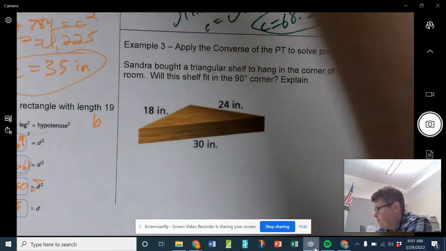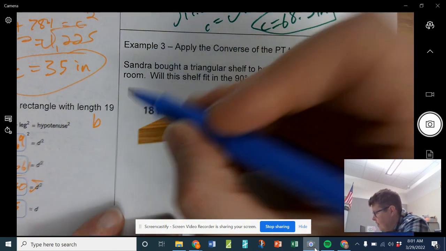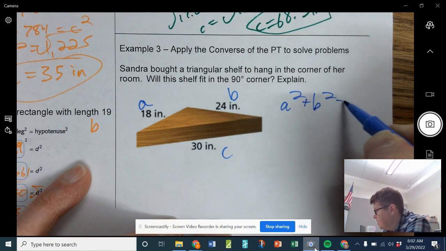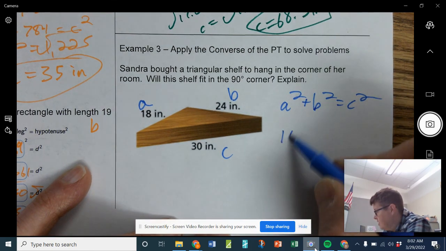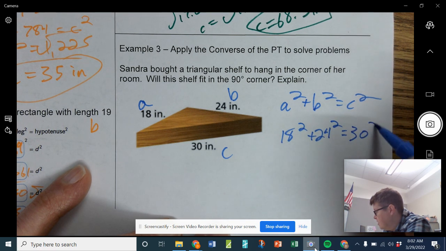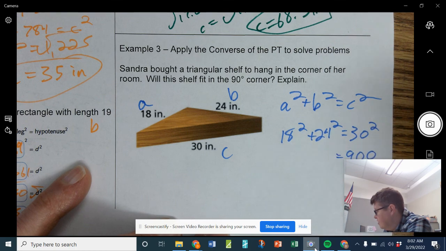Okay, so A, B, C. Again, it's A squared plus B squared equals C squared. So this is 18 squared plus 24 squared equals 30 squared. So I know that's just going to give me 900.